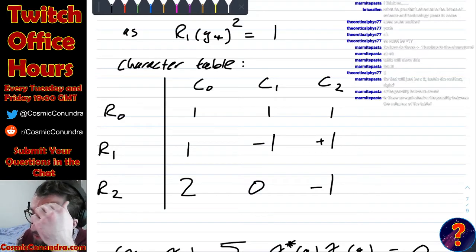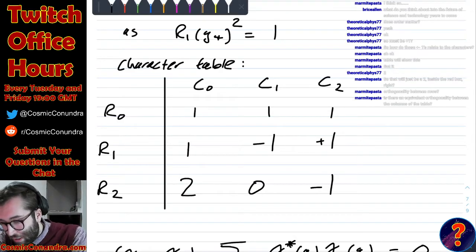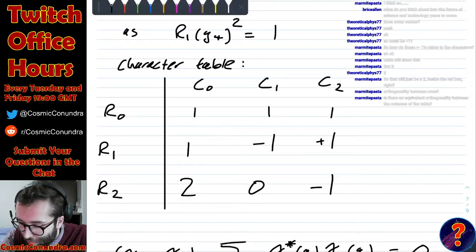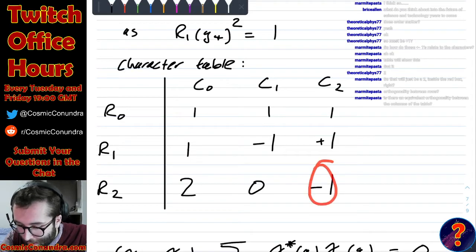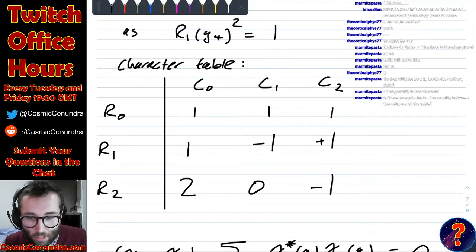If you did want to explicitly find these 2D representation matrices, you can use the fact that the trace of the ones that represent C1 is 0, and the trace of the ones that represent C2 has to be minus 1. But I think that's going to be a whole lot of other work to find the representation matrices explicitly. But I don't think that's what your question was looking for.